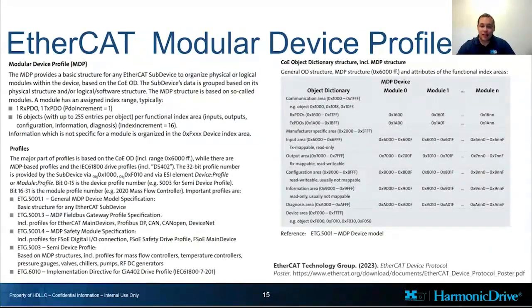And the whole idea is the modular device profile is used to map out different types of data objects inside the main device, as well as know roughly what type of sub-device is connecting to it, and helps you pull in other information about that sub-device to connect to objects inside of the main device.